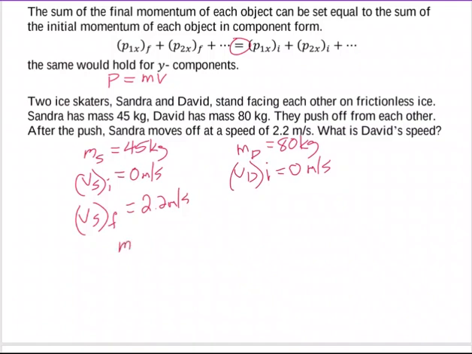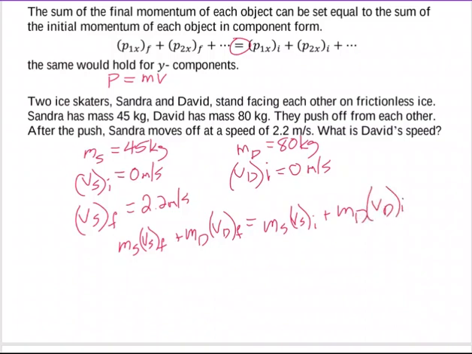So mass times velocity. Mass of Sandra times velocity of Sandra final plus mass of David times velocity of David final equals mass of Sandra, velocity of Sandra initial plus mass of David, velocity of David initial.